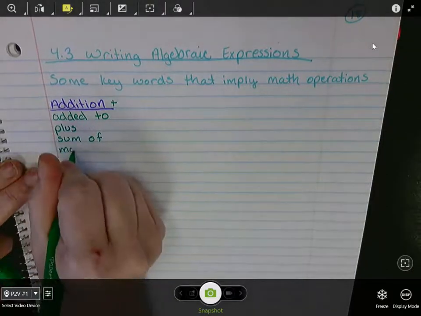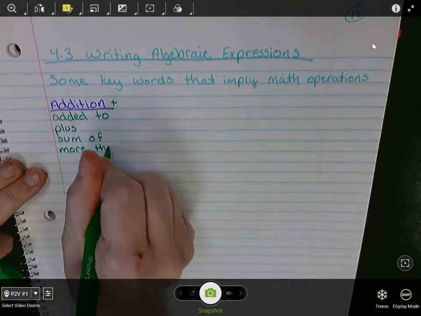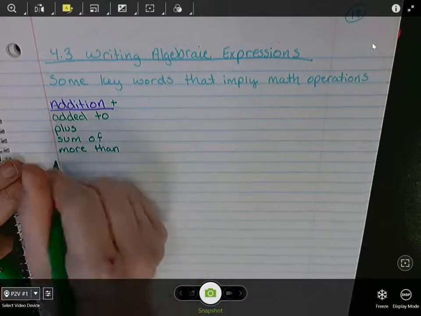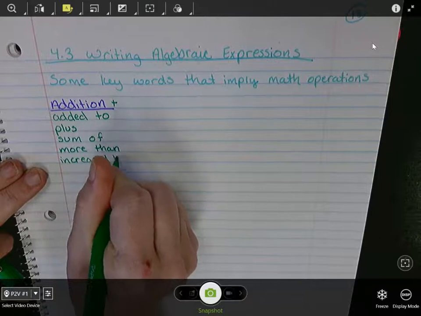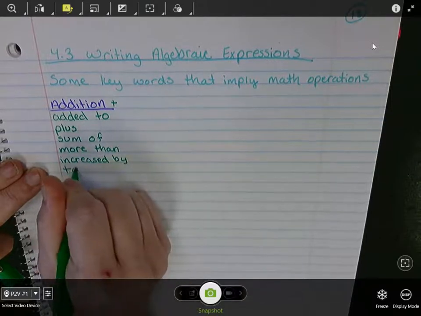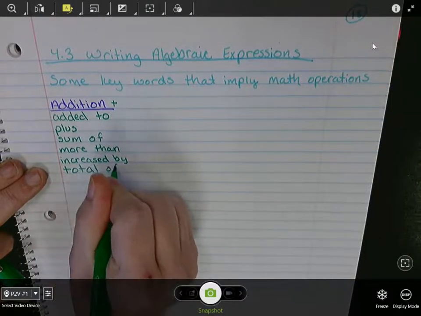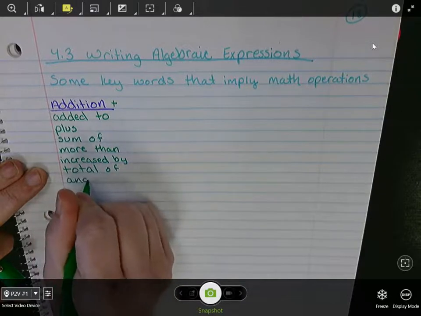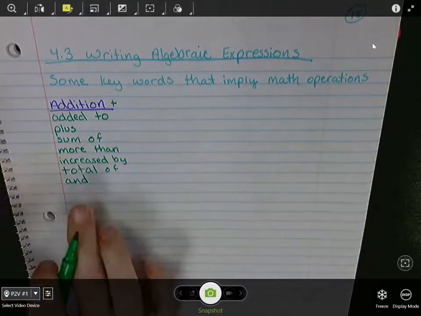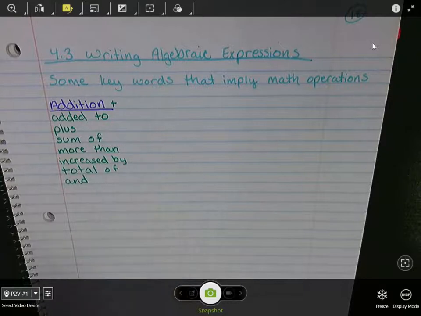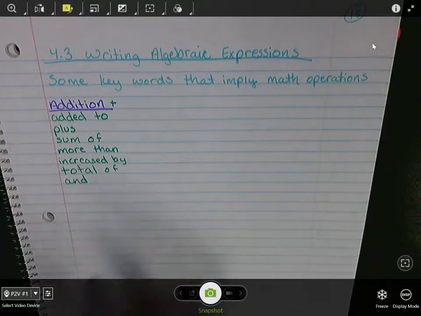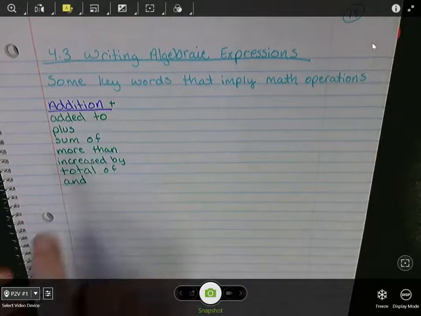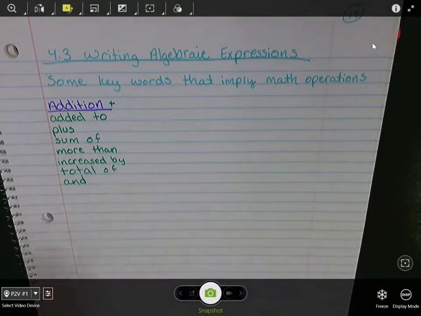If you see more than, increased by, total or total of, and the word and. And can really go in with a few of these. If you see another word ahead of it, like the quotient of 6 and 2, then that means quotient. All right, so these are all keywords of addition. There's more, but these are the ones you'll be seeing the most of.